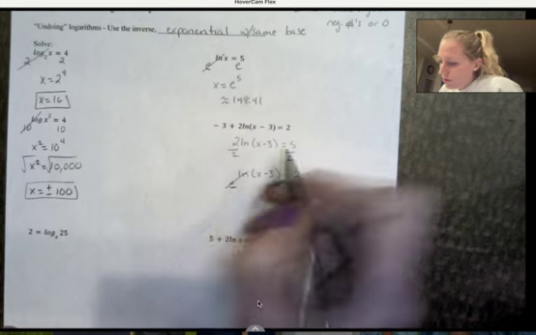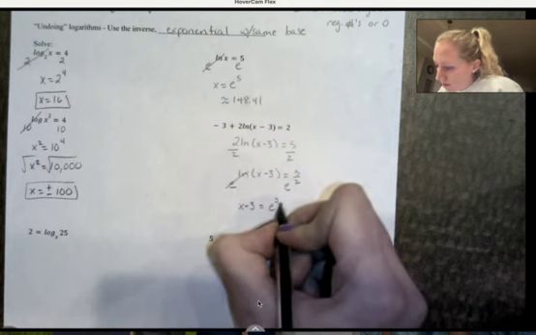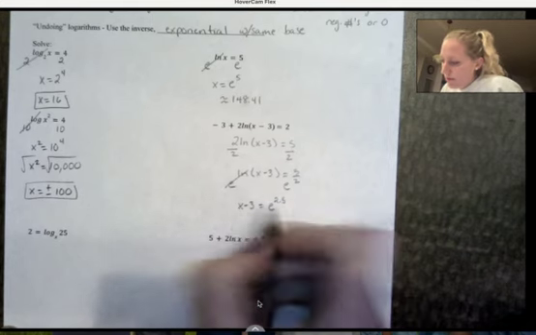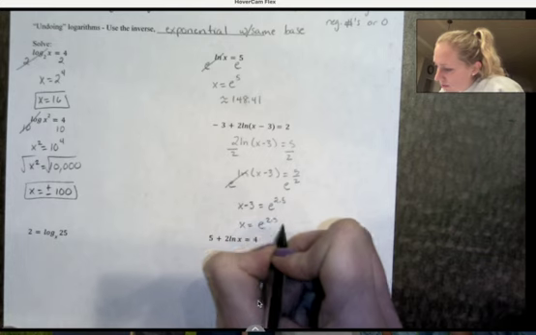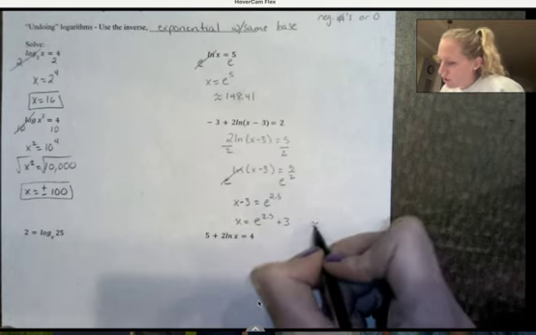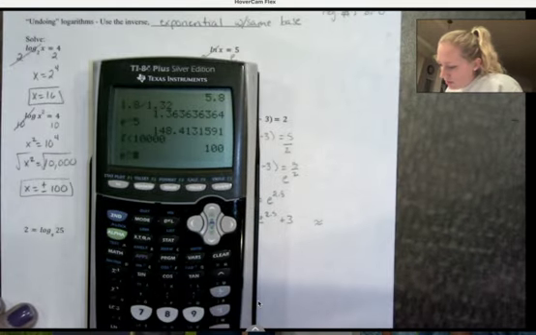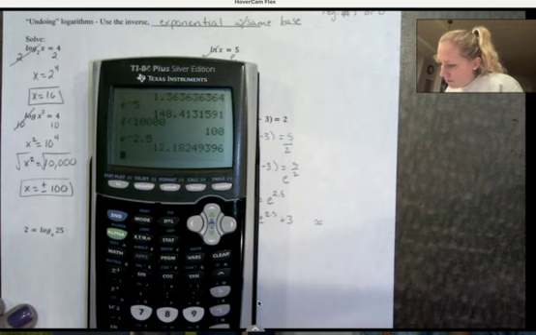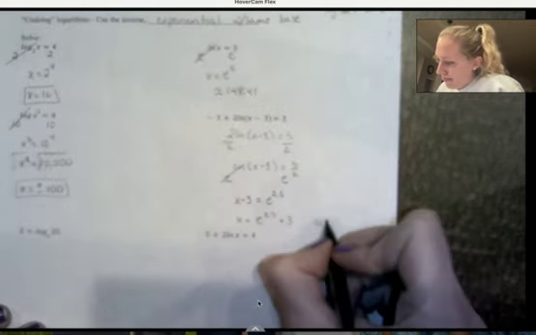So that will cancel. So I have x minus 3 equals e to the 5 halves. I'm going to write that as 2.5. Add 3. So exact answer, approximation. So we have e raised to the 2.5 and then plus 3, about 15.18.